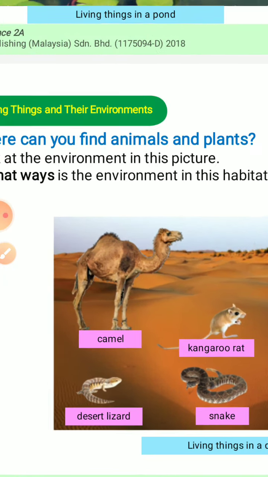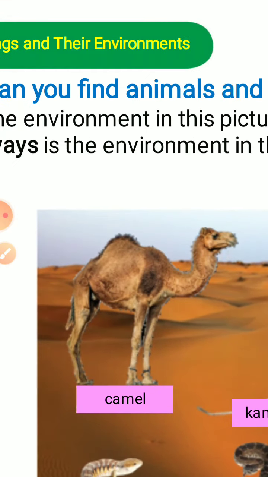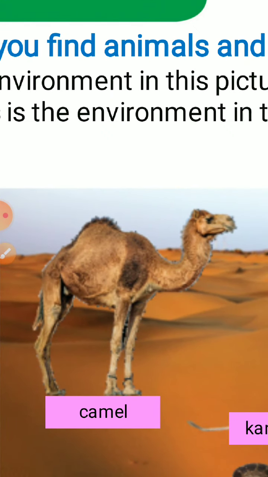Because the camel, for example, lives in the desert, the camel should tailor its body to produce more water in its hump. The camel can eat cactus, and can eat really spiky plants with their thorns.